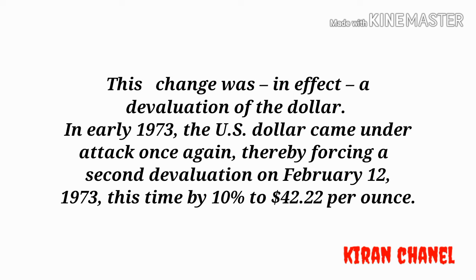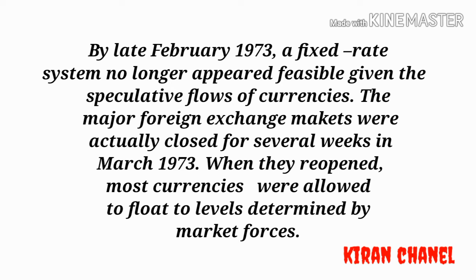In early 1973, the US dollar came under attack once again, thereby forcing a second devaluation on February 12, 1973, this time by 10% to $42.22 per ounce. By late February 1973, a fixed rate system no longer appeared feasible given the speculative flows and currencies.